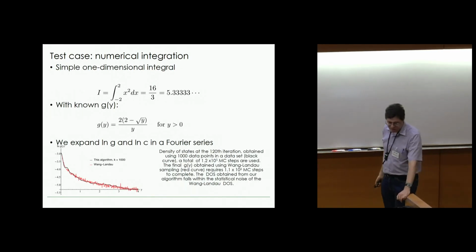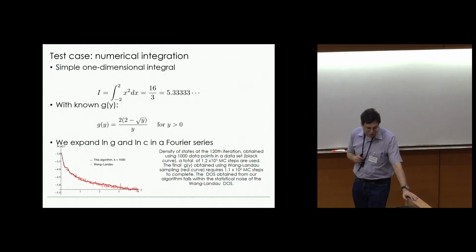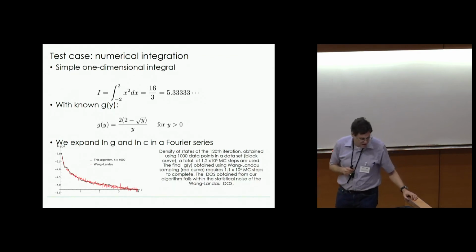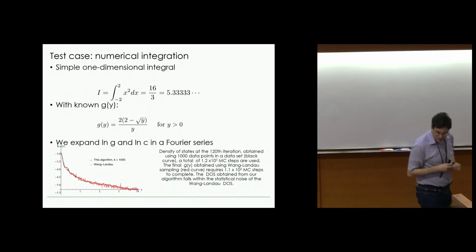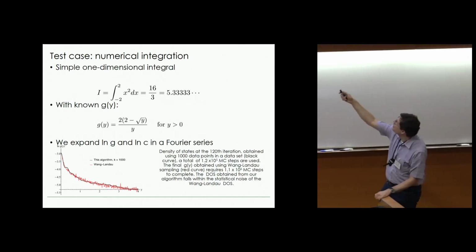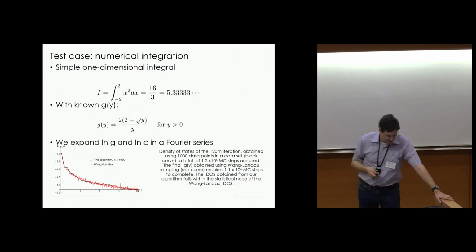The very simple function we've chosen is just x squared between -2 and 2, and in this case we can find a closed form expression for the DOS, given up here.